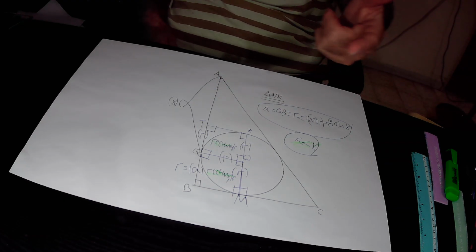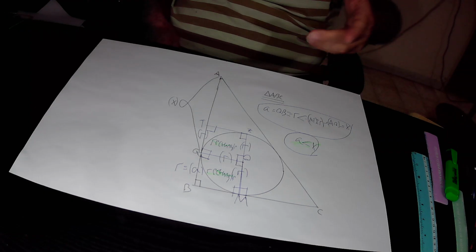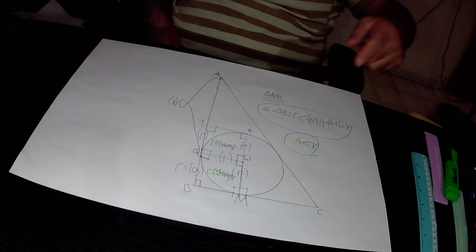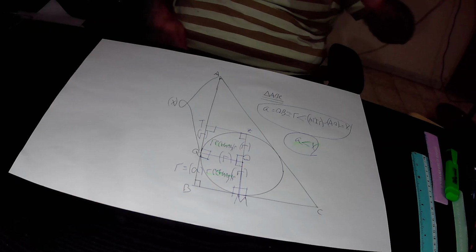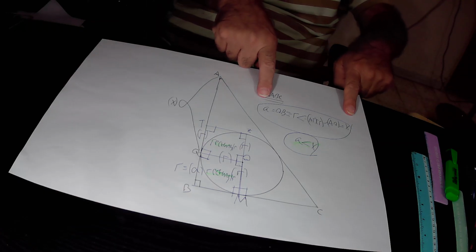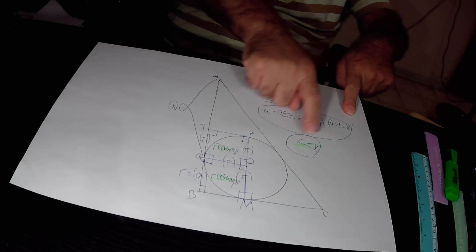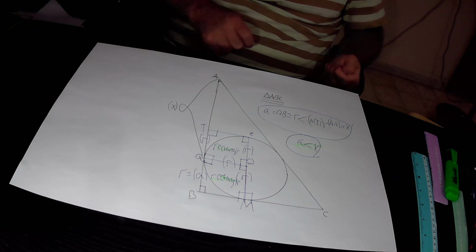Therefore, AT plus R is definitely greater than R. And from this inequality, we derive that A is smaller than X, or X is greater than A.